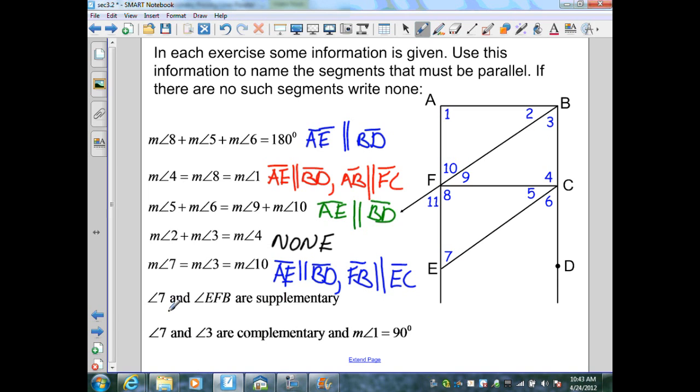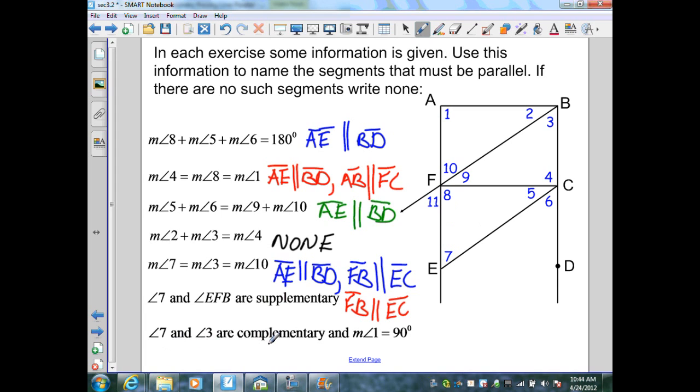Angle 7 and EFB: those two angles do have a transversal. It is FE. The other two segments that help form them are FB and EC. If same-side interior angles are supplementary, then the two lines cut by a transversal are parallel.